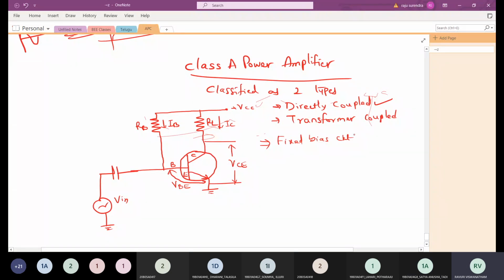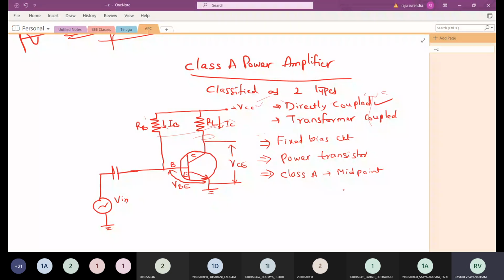The class A power amplifier is a very simple fixed bias circuit. But here, whatever transistor we are using is a power transistor. And I already mentioned for class A, the Q point is at the midpoint of the load line.